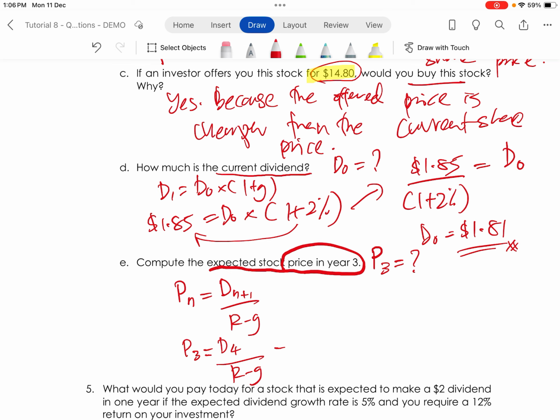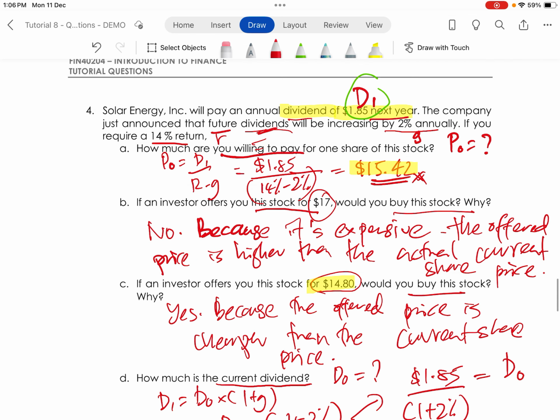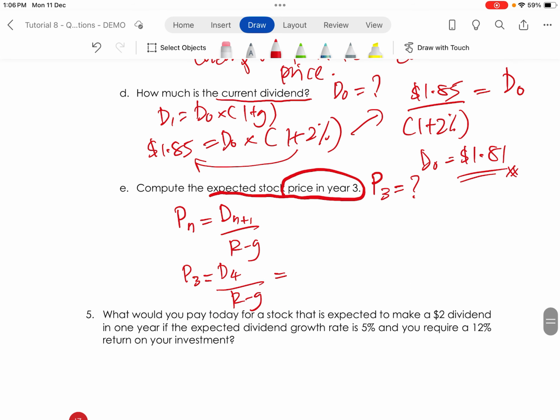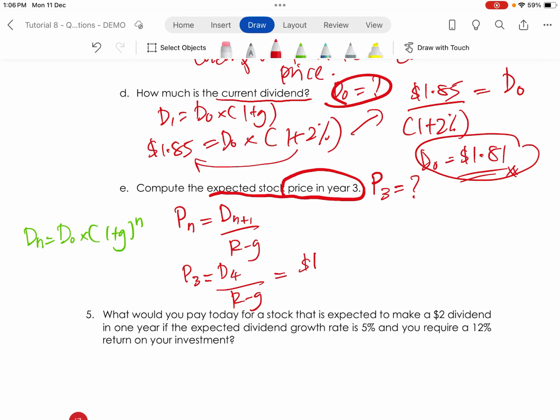Again, how to determine the D4? You need to find it based on the dividend formula. Dn = D0 times (1 plus g) to the power of n. You know the D0 is already calculated. So we need D0 times (1 plus g) to the power of 4, over (r minus g).